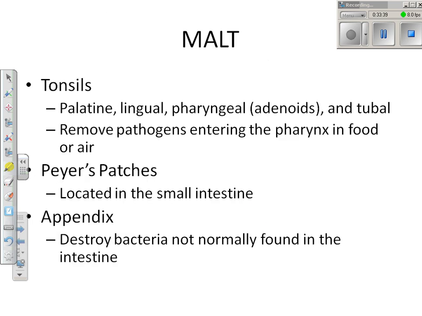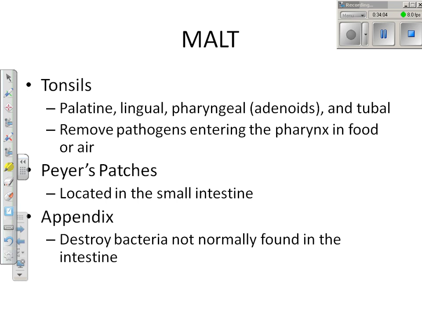Okay, so the tonsils are a form of mucosa-associated lymphatic tissue, and I showed you the Peyer's patches, and the appendix is also MALT. So these are associated with the intestines. The Peyer's patches and the appendix are mucosa-associated lymphatic tissue found in the intestines, and then your tonsils are a form of mucosa-associated lymphatic tissue.